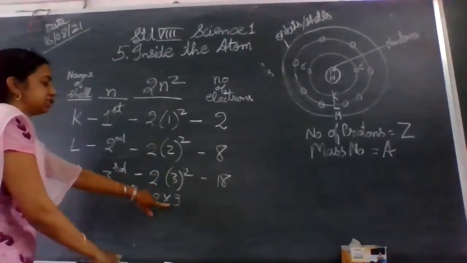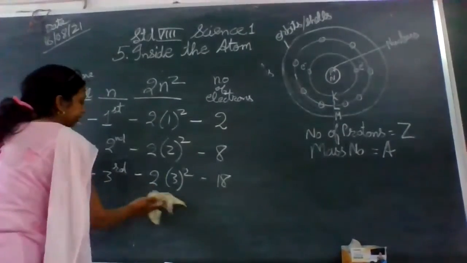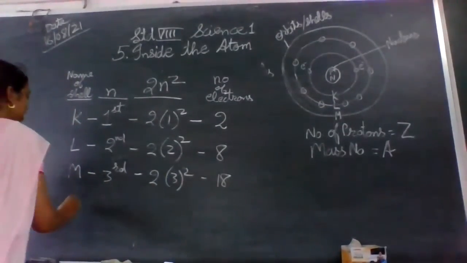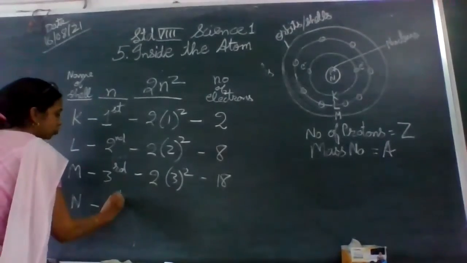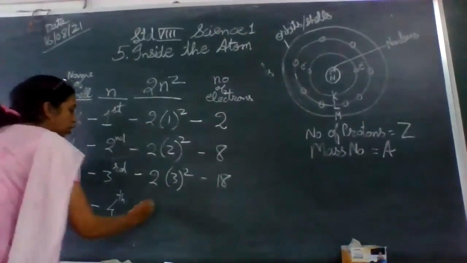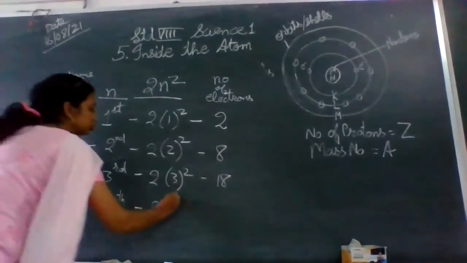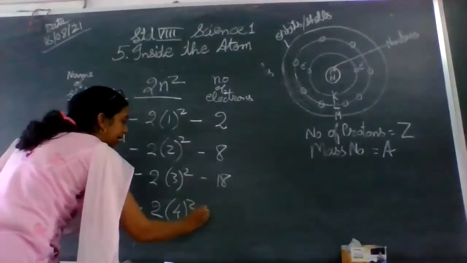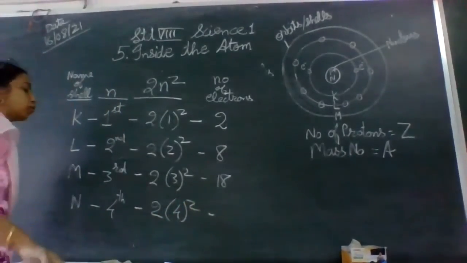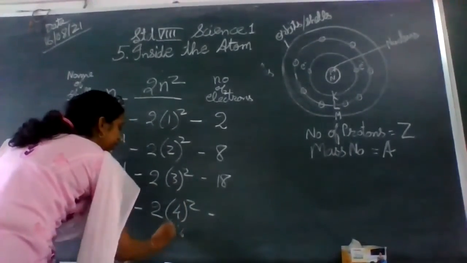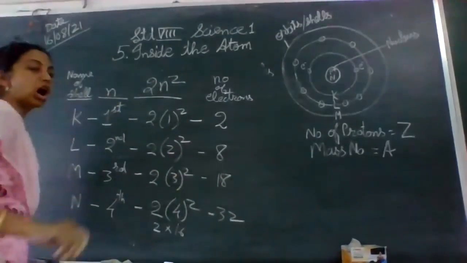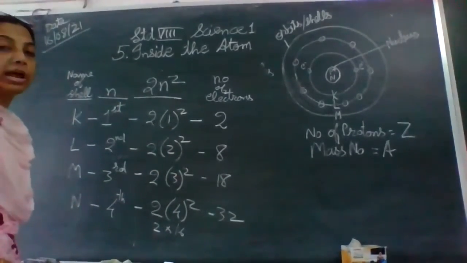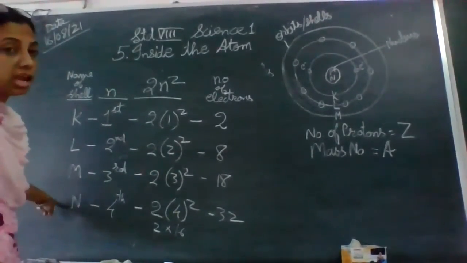If you go for the N shell, which is the fourth shell of your atom, 2 times 4 squared, that is 4 squared is 16, into 2, that is 32 electrons can be accommodated in the N shell.